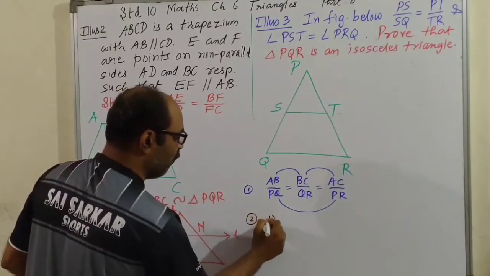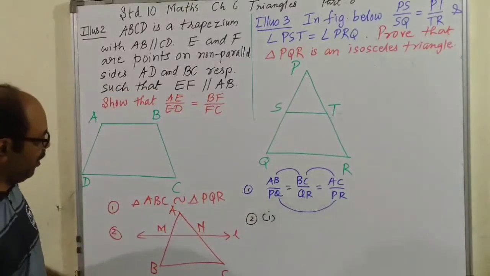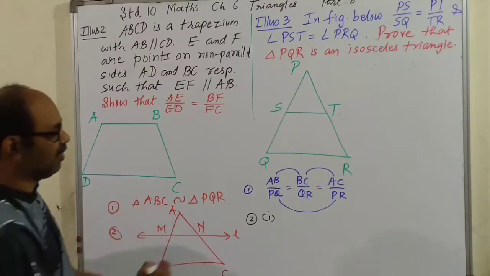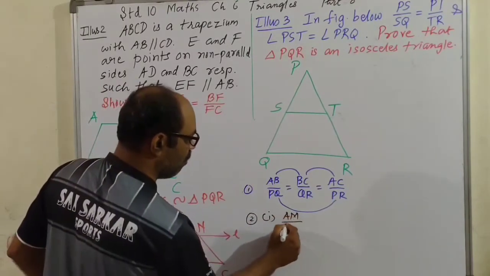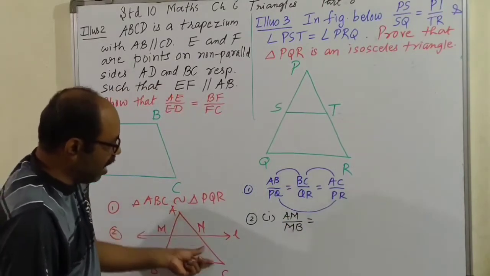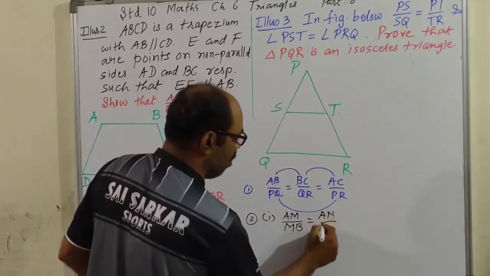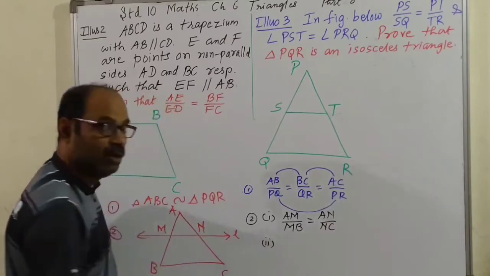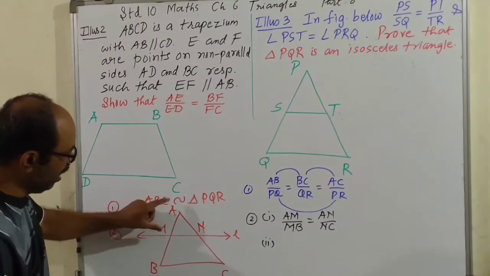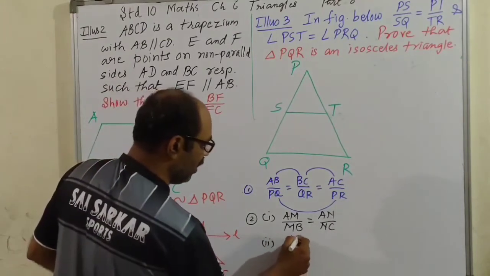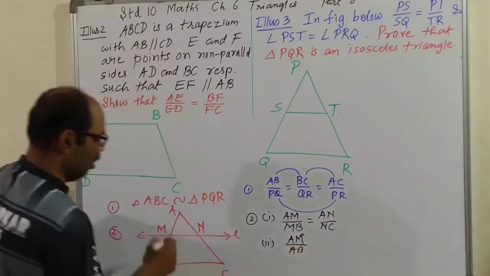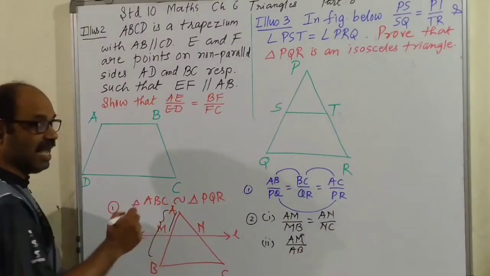Then, first, from Theorem 6.1, part upon part: AM upon MB is equal to the corresponding part AN upon NC. Second, part upon whole: AM upon AB, this is part upon whole side, the corresponding side.